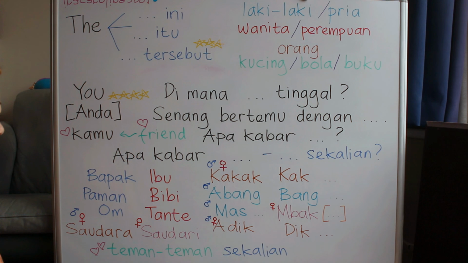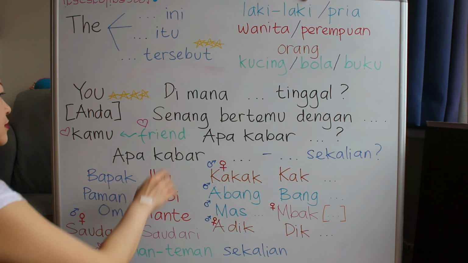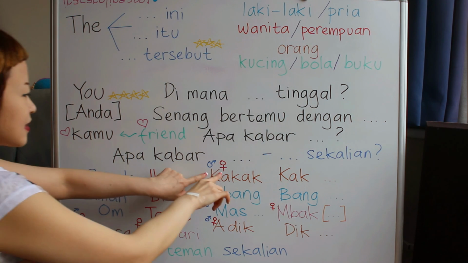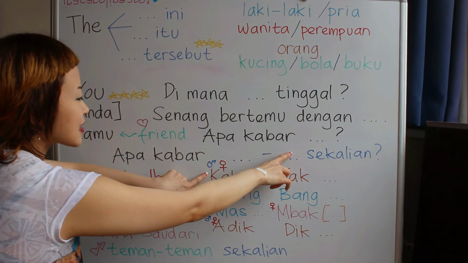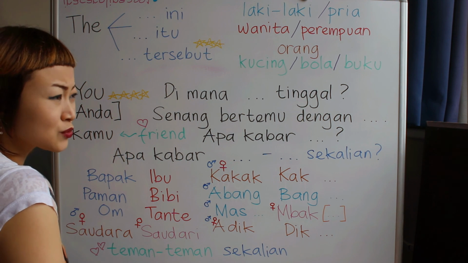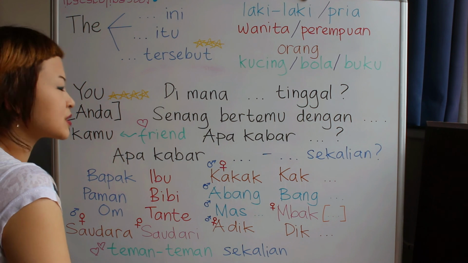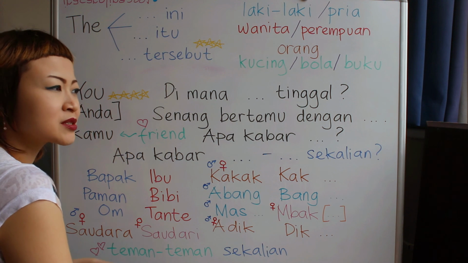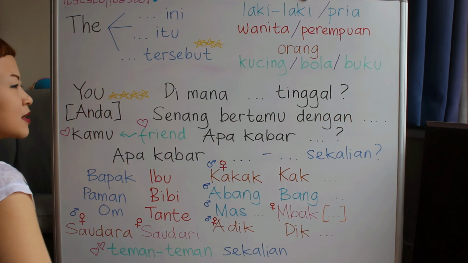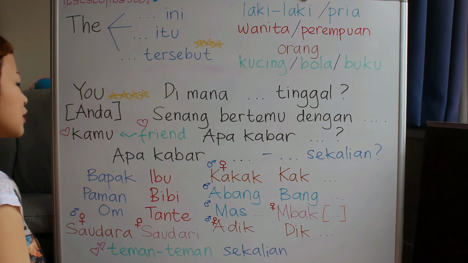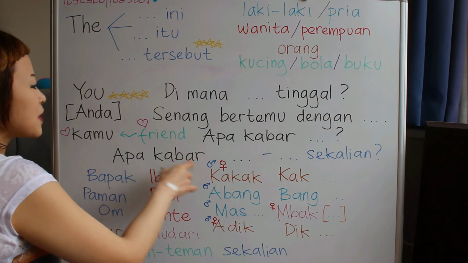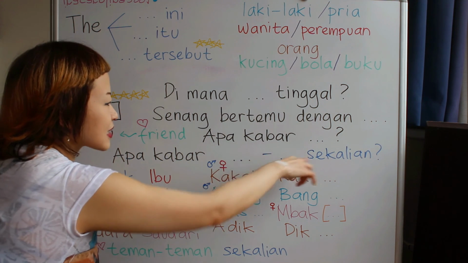And this one, apa kabar kakak sekalian? Let's say we just want to say, how are you, seniors? The seniors like 5 years or 10 years older than us. They're more than one. We don't say apa kabar kakak, but apa kabar kakak sekalian.